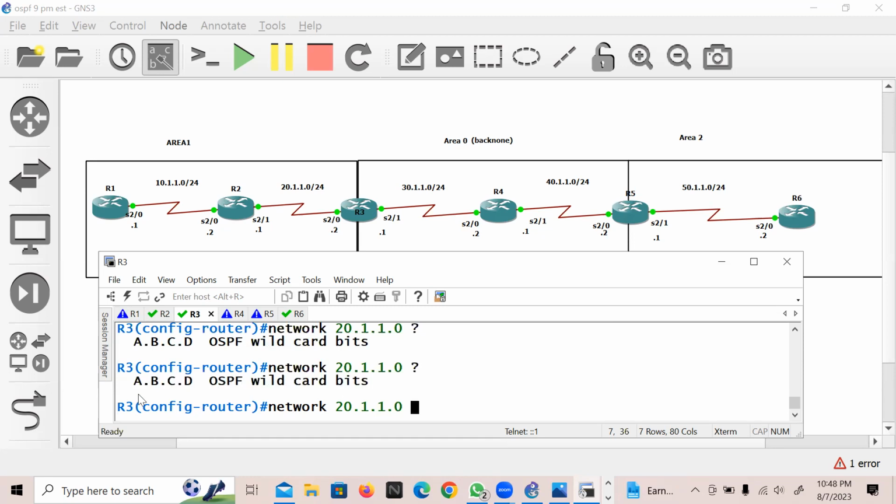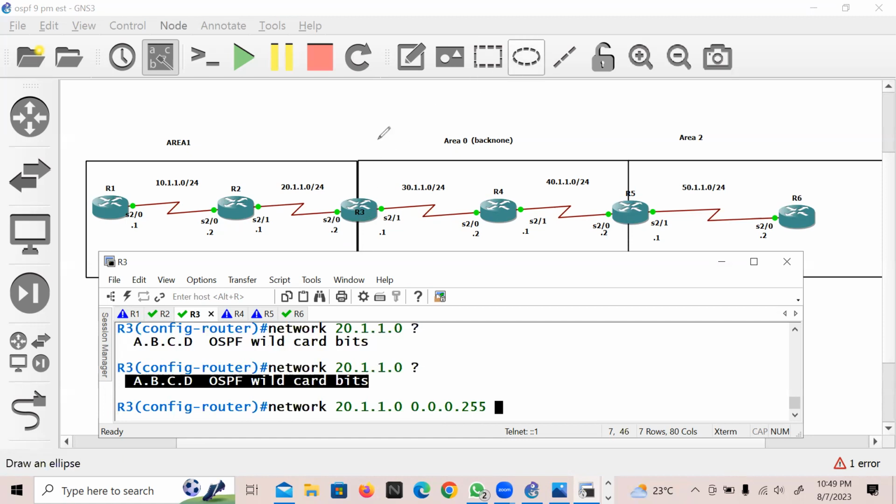So the next step is showing that I have to use a wildcard, I don't have another option. That's why I'm using 0.0.0.255. If you try to use the subnet mask, it will show invalid. Then it is showing area. Which area? You have to check because you are now in the middle router, R3.